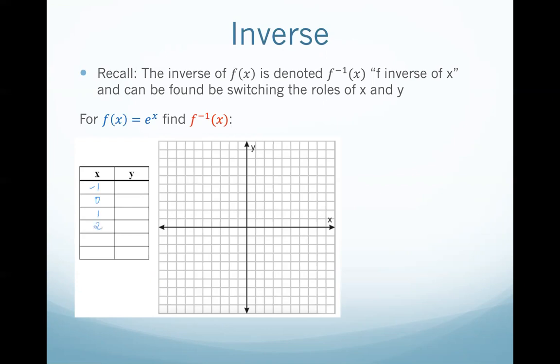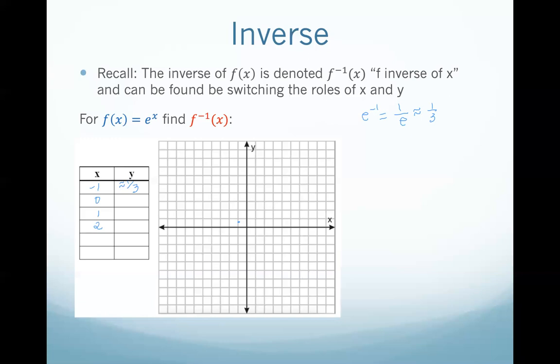E to the -1 is 1 over e, which is a little bit more than 1/3. It's about 1/3. You can check that in your calculator. 1 divided by e, remember e is a button on your calculator. So we're going to say this is approximately 1/3. We're just sketching this. It doesn't have to be perfect.